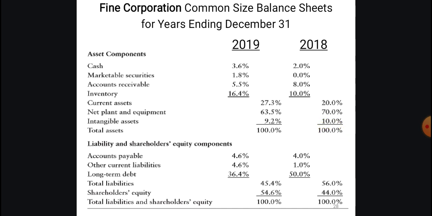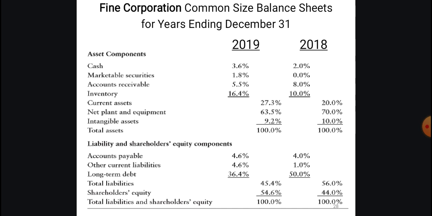For example, cash is 2% of the total asset in 2018 and 3.6% of the same. The marketable securities are 0%. No marketable security is registered or included in the balance sheet in 2018. But in 2019, 1.8% of total asset.